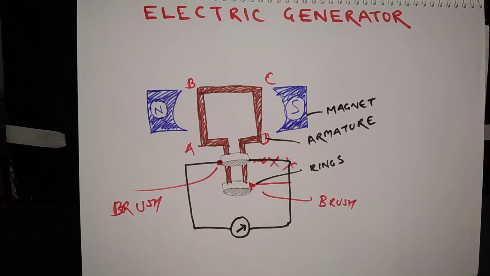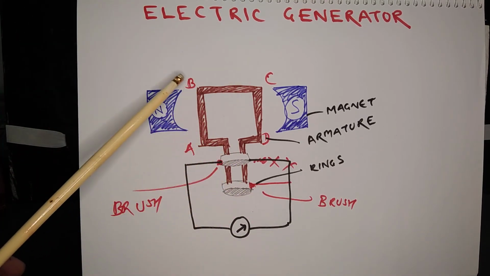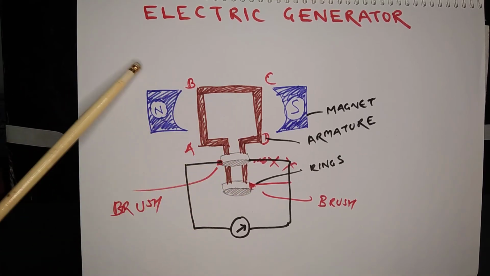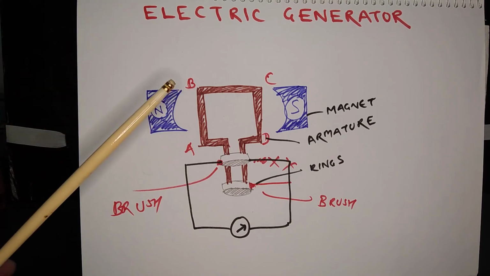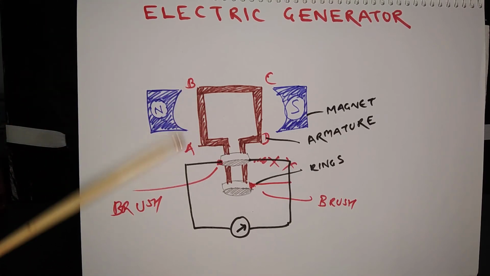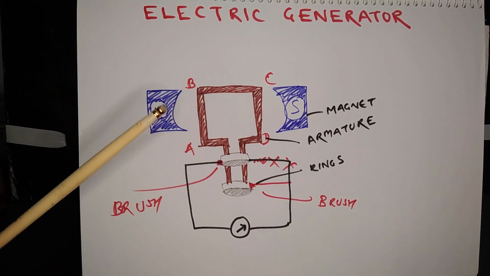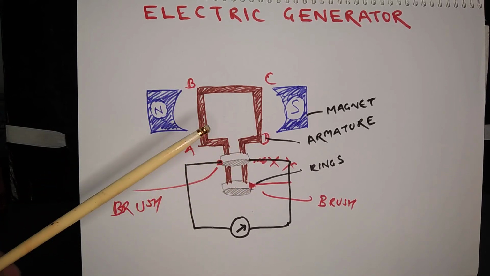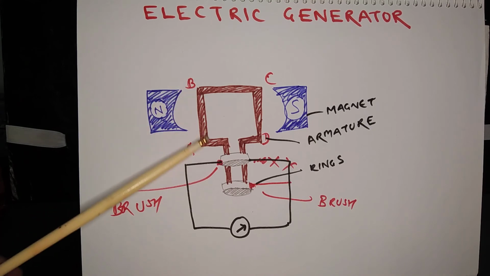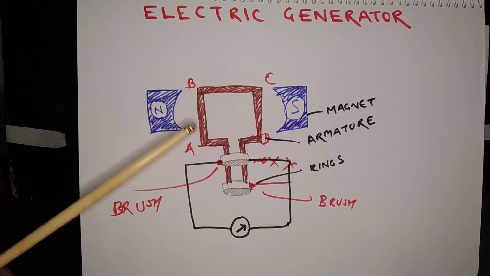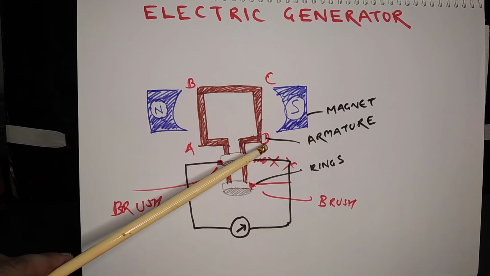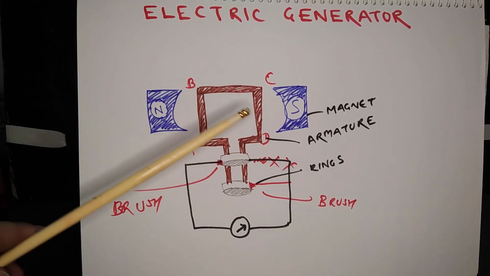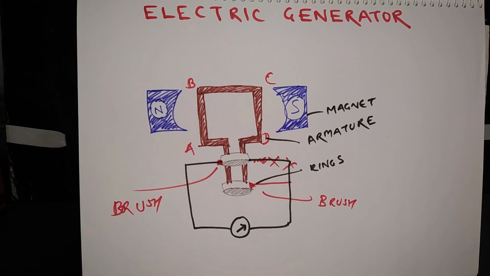Now what happens when the coil is moved because of physical or mechanical energy? Say the coil AB moves up. Since this movement is within a magnetic field, there will be induction of current in this coil. So at half a turn the current will be in this direction, and in the next half turn the direction of the current will be reversed.